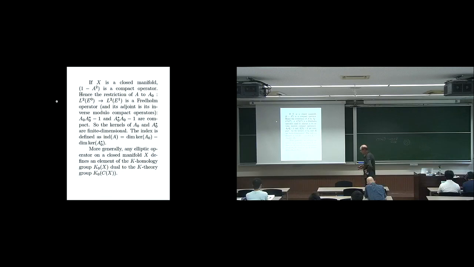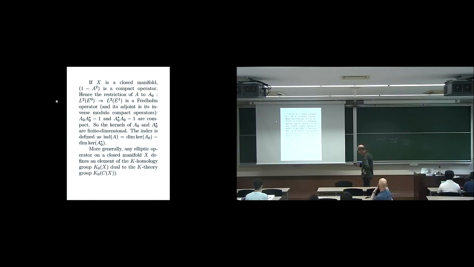First of all, an elliptic operator is Fredholm, which means exactly that it's invertible modulo compact operators, because its symbol is invertible at infinity. The operators which have symbols which vanish at infinity are compact by the Hörmander theory.